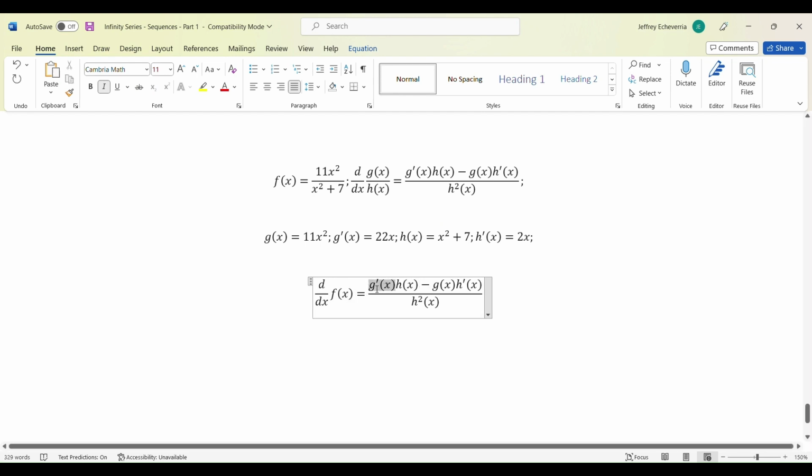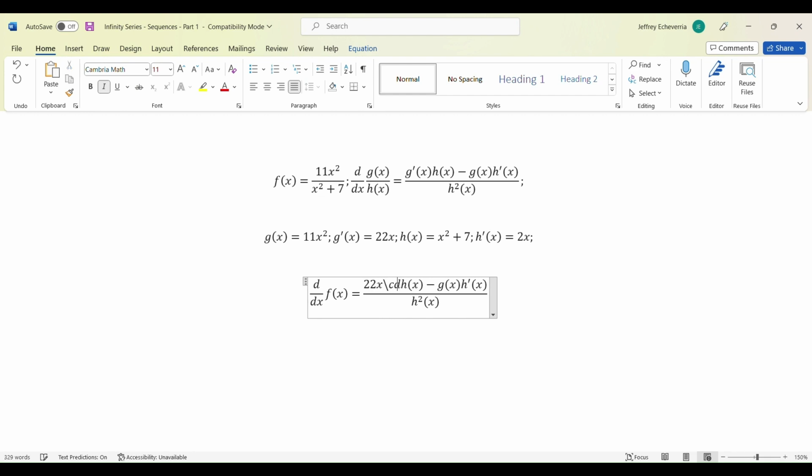G prime of x will be 22x, times h of x, which is x squared plus 7. G of x was given as 11x squared, times h prime of x, which is 2x, and then x squared plus 7 squared on the bottom.